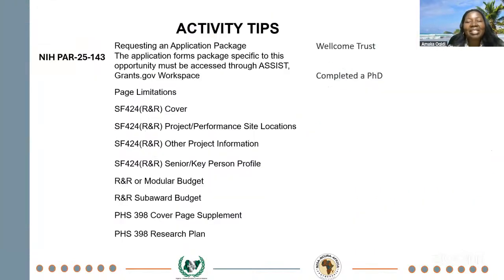Okay, so these are some of the things that, when we are reading, we are highlighting. And when we are penning some of these things down, we are also, in our checklist, highlighting some of these things to make sure that by the time we are assembling the proposal package, we are checking to be sure that what the scientist said he is going to do, the time that is going to be involved in this, the eligibility, all that, they are all covered and in compliance with what the funder said they want.